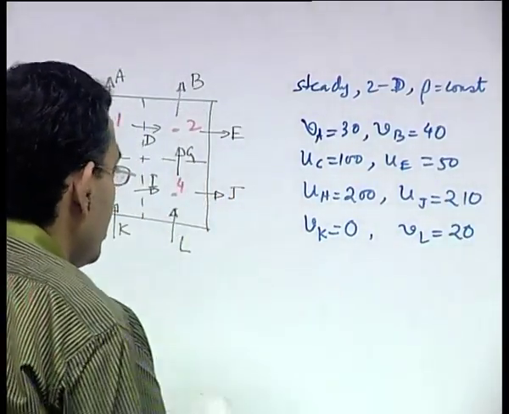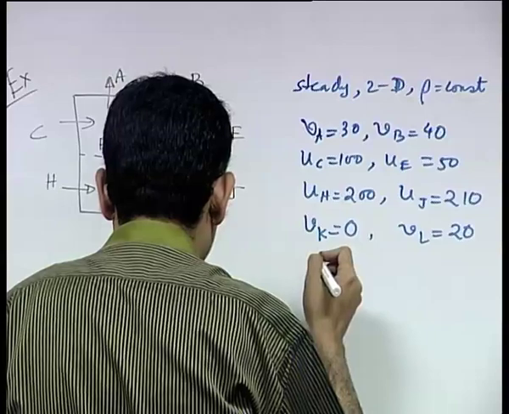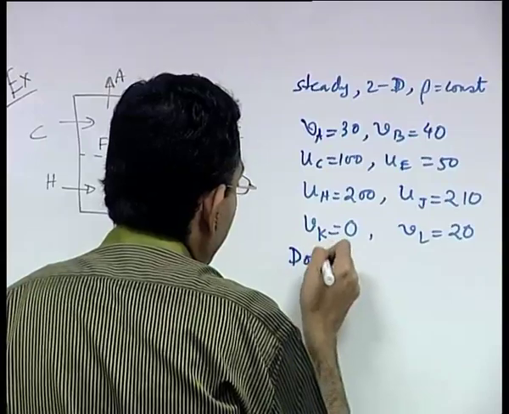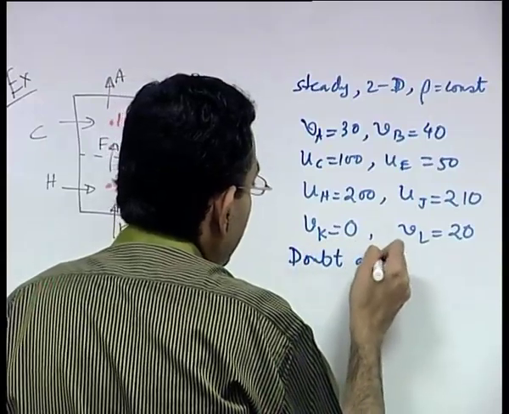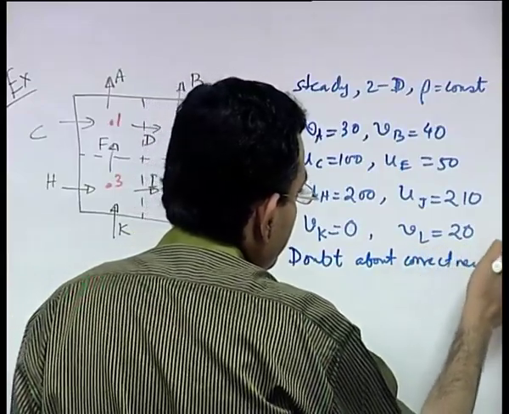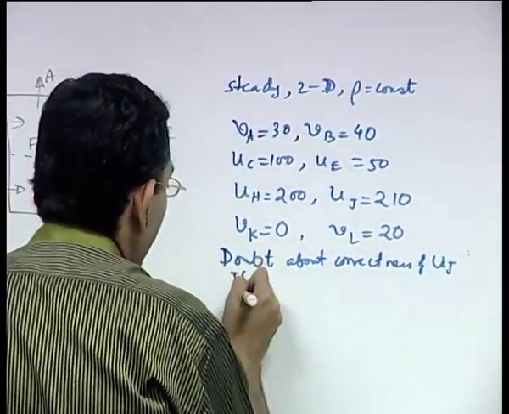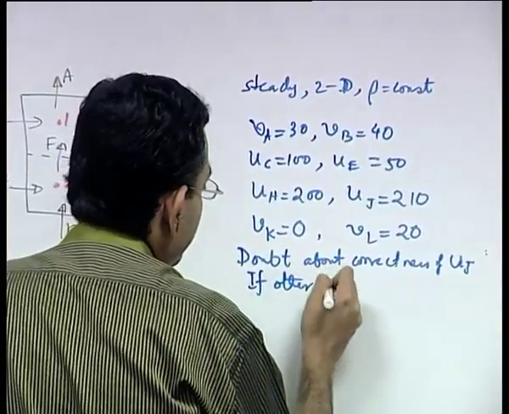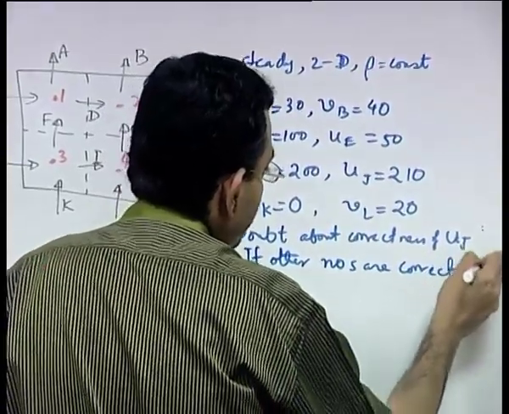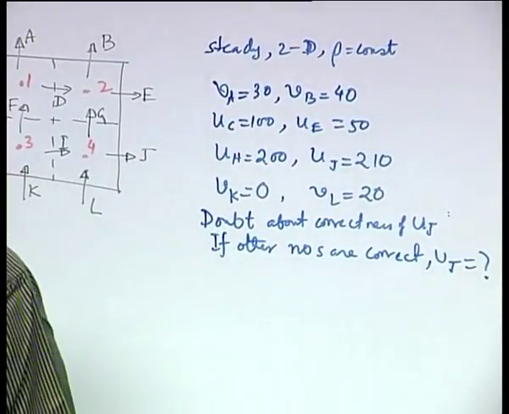It is given that amongst these numbers there is some doubt about the correctness of the value of Uj. If other numbers are correct, what is Uj? That is the first part of the question.